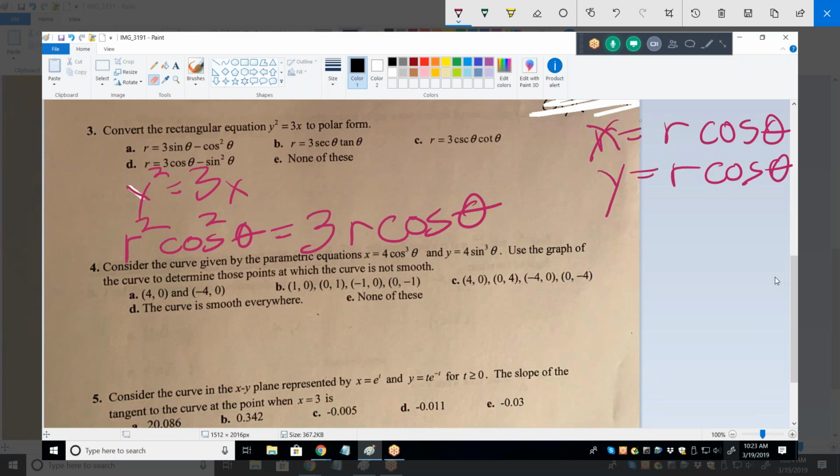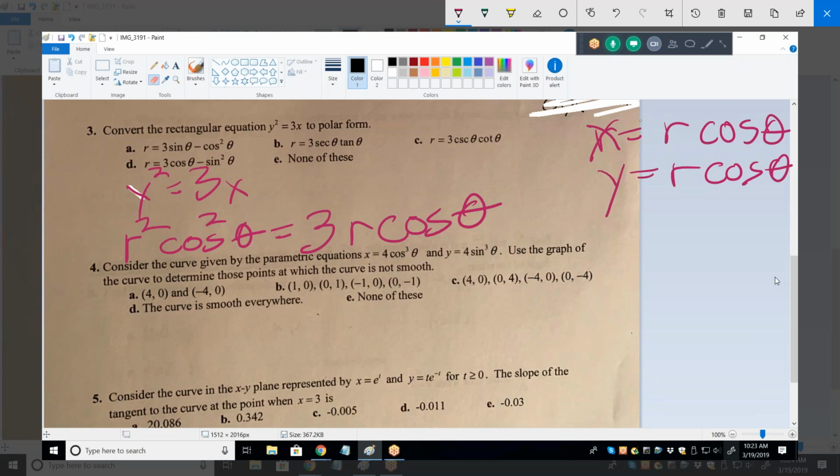I can divide both sides by, you know what? You can't divide both sides by cosine of theta. Why not? Because they're different terms?